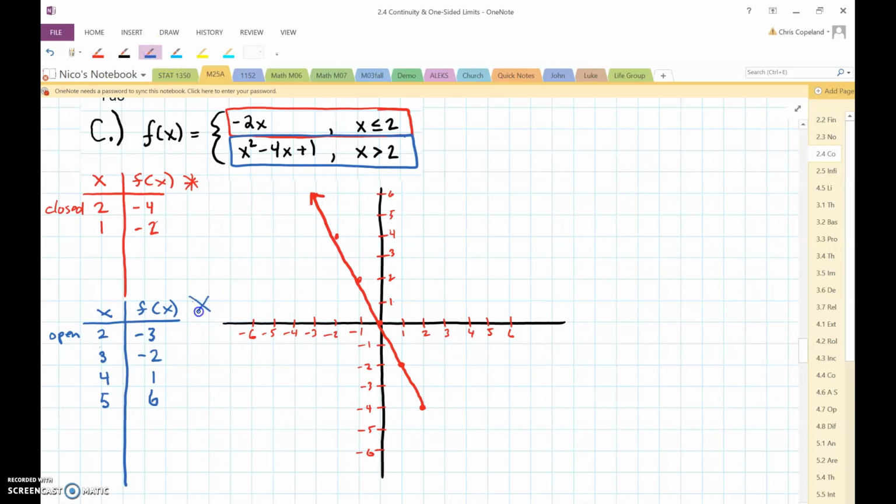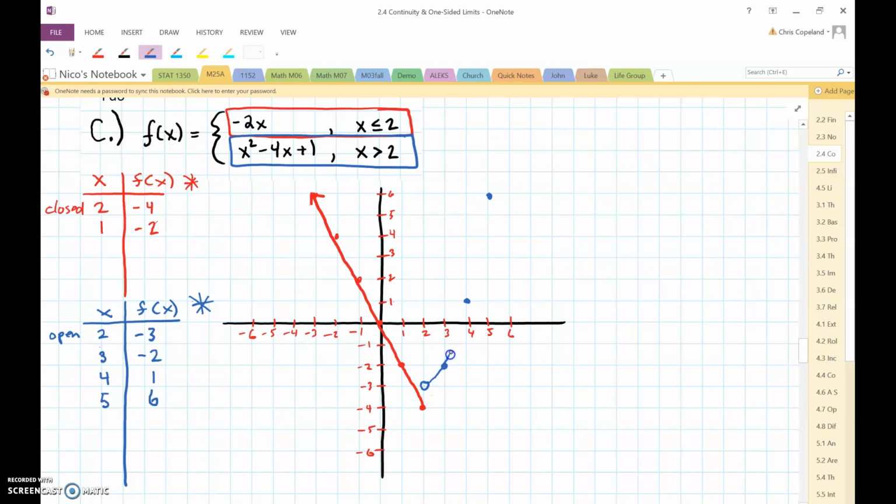Then let's graph this part of the piecewise function, which is a quadratic, so it should be a parabola, or at least a piece of a parabola. So I got a point at 2, negative 3, and that's an open circle. I got another point at 3, negative 2, closed, 4, 1, and 5, 6.